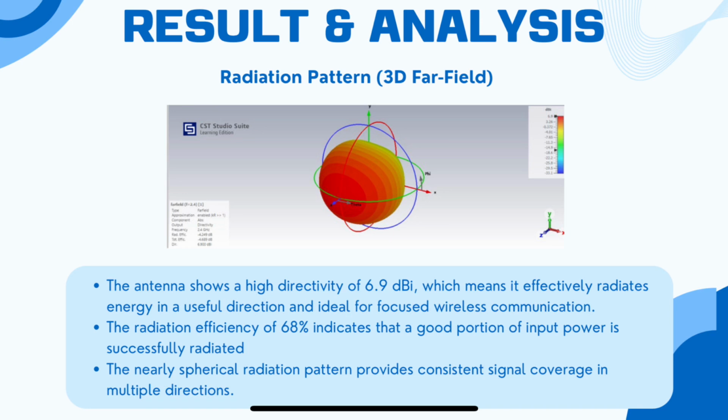In terms of efficiency, the antenna has a radiation efficiency of 68%. This indicates that a significant proportion of the input power is successfully radiated as electromagnetic waves with minimal loss. Additionally, the radiation pattern is nearly spherical, which provides good signal coverage in multiple directions. This is beneficial for ensuring reliable connectivity regardless of the antenna orientation.